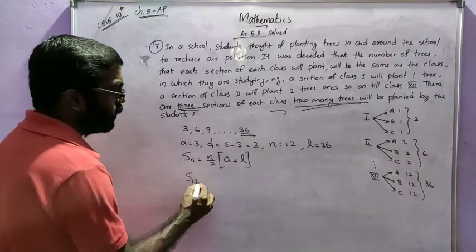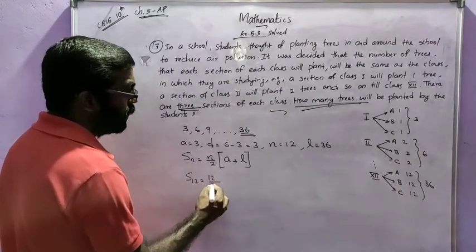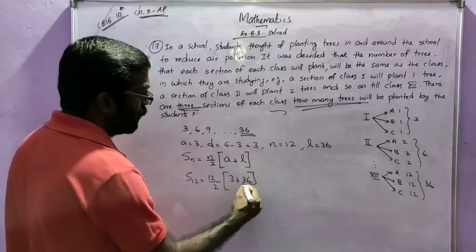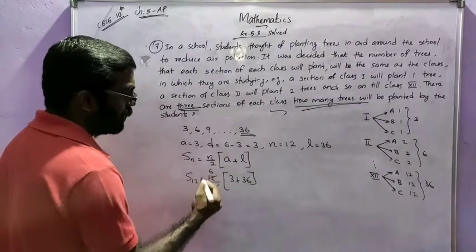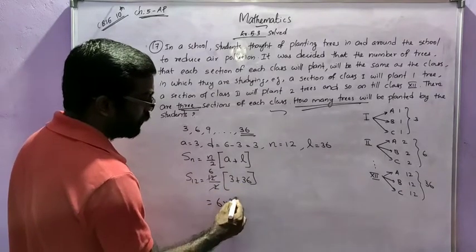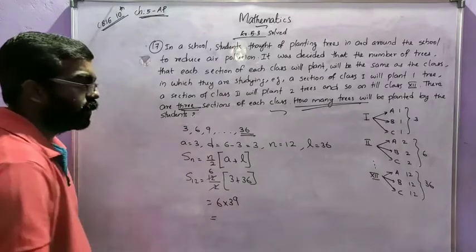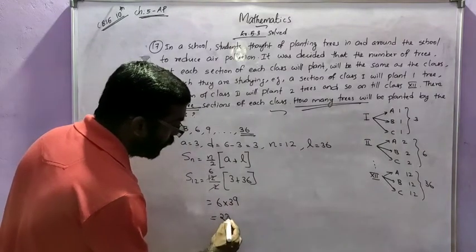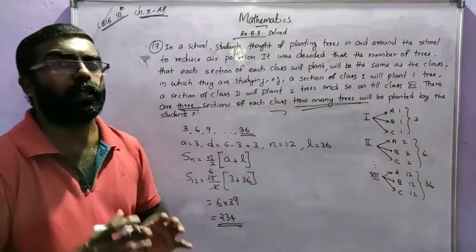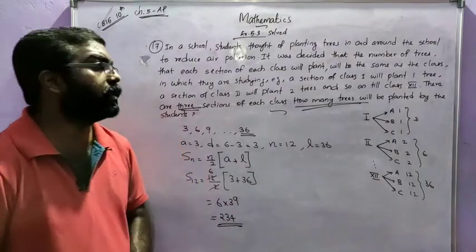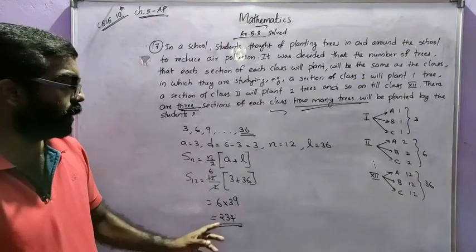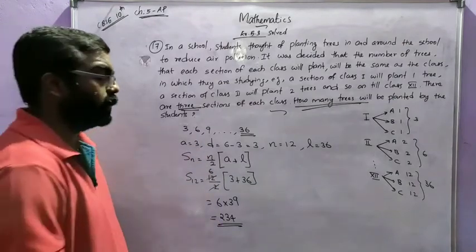So S12 is equal to 12 by 2 into (3 plus 36). We can cancel, so 6 into 39, and it is 234. That means the total number of trees planted by the students of the school will be equal to 234.